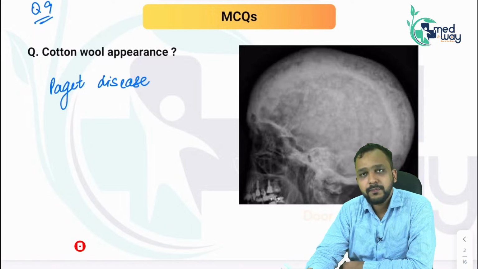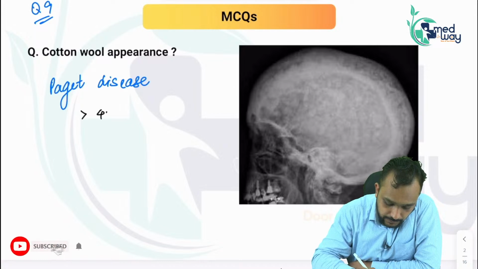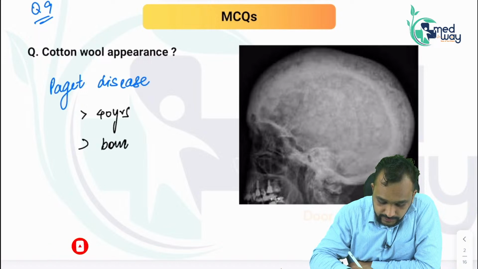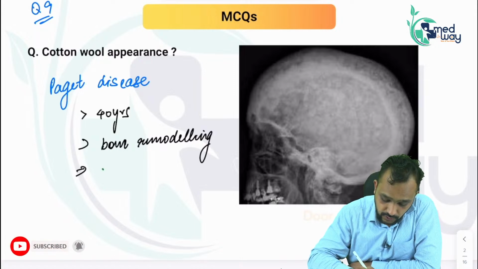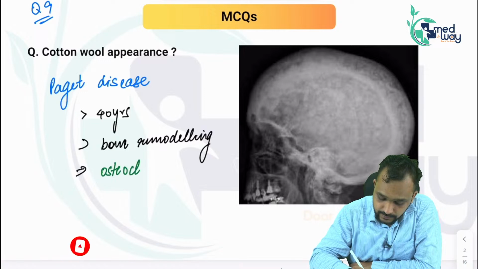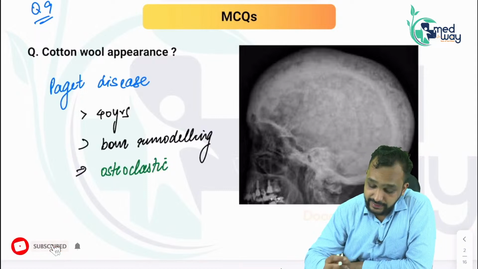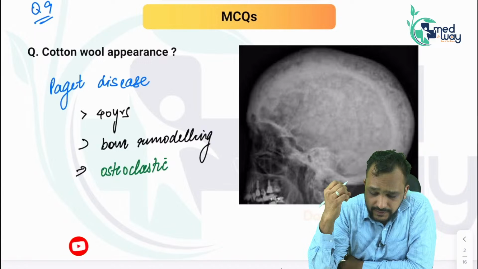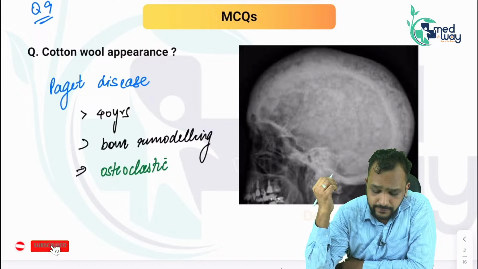So let us discuss a few important points about Paget's disease. It is common in people more than 40 years of age. It is a bone remodeling disease. So what happens in this? There are phases of osteoclastic reaction, in which you will see multiple lytic lesions, like in the skull you are going to get osteoporosis circumscripta, then you are going to get your blade of grass appearance, right?